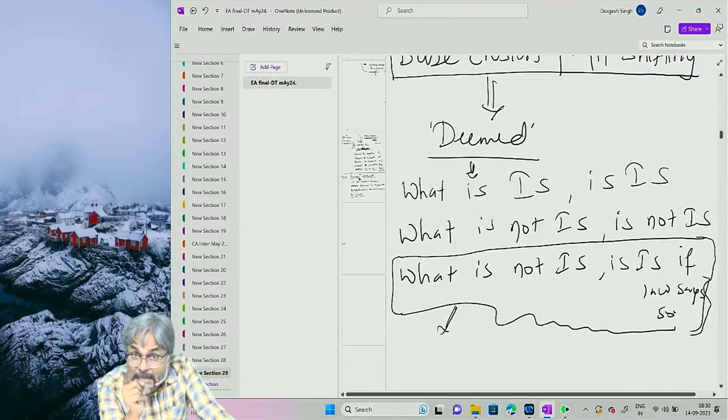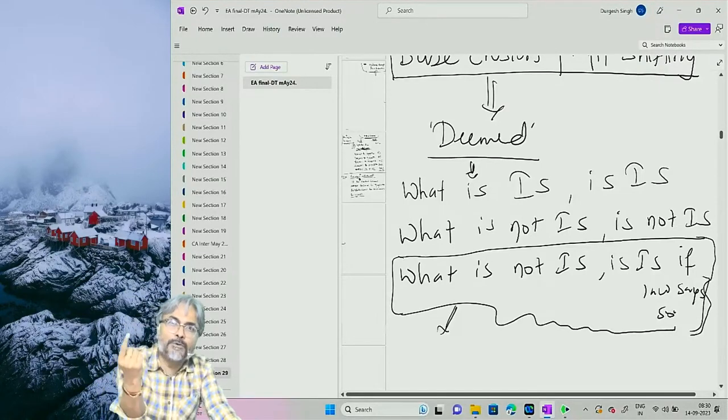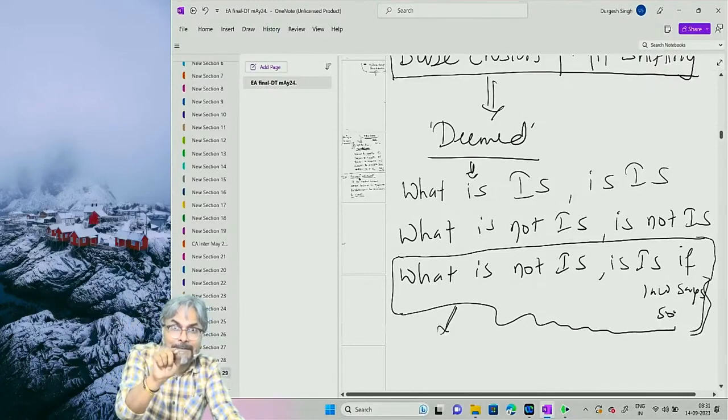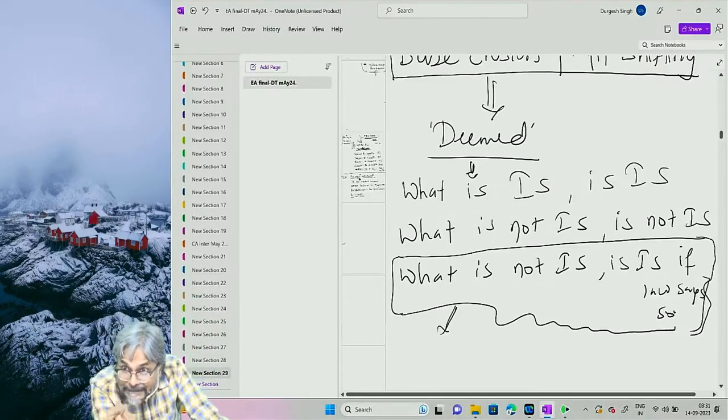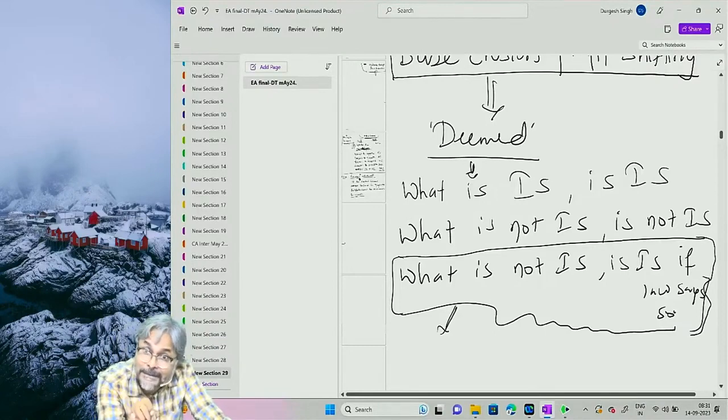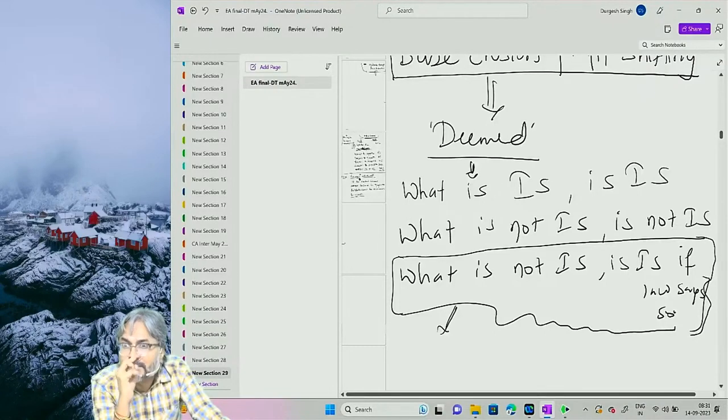Don't worry about the details of this. Even a deeming provision will require a nexus. You cannot tax it just because you want to tax it. Establish a nexus with India. Even a deeming provision should have some nexus with India.